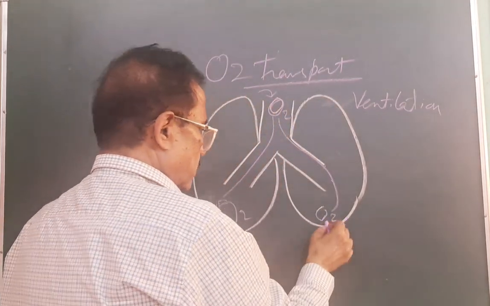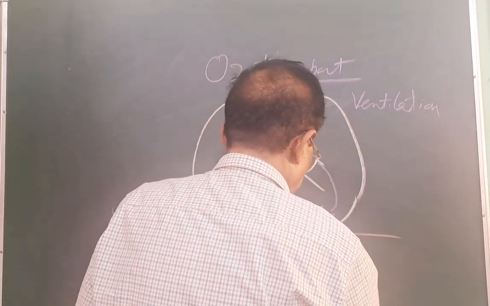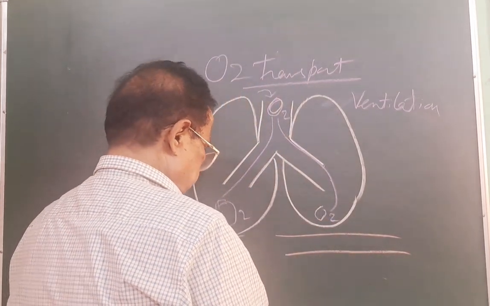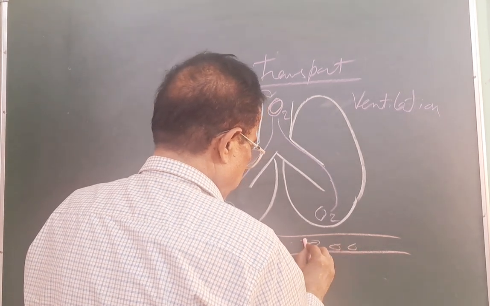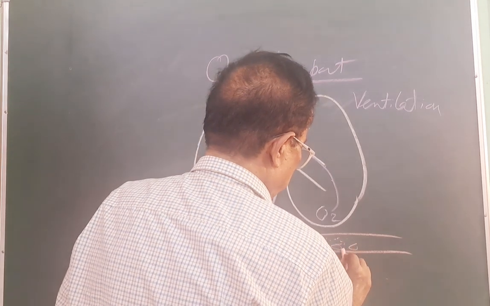Then, this oxygen, with its partial pressure being more, meets blood flowing through the pulmonary blood vessels. Blood has blood cells, RBC, and plasma.